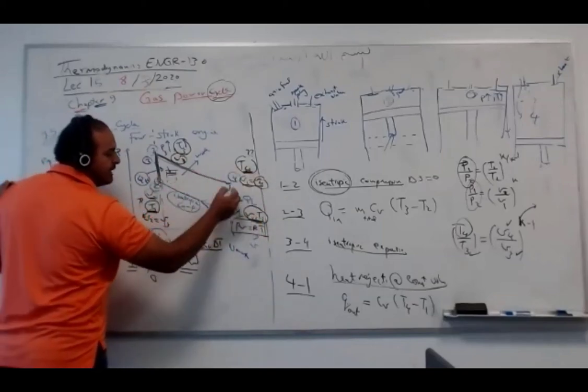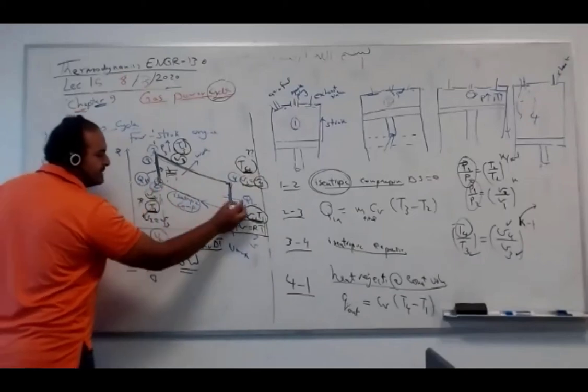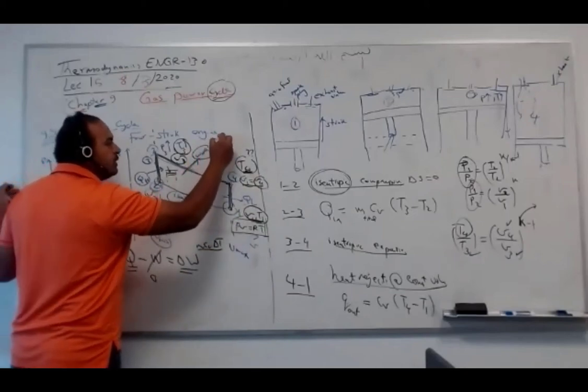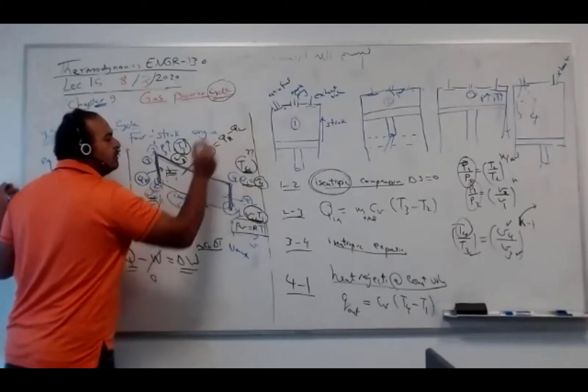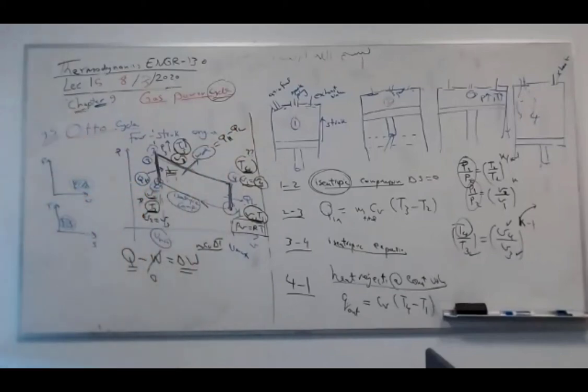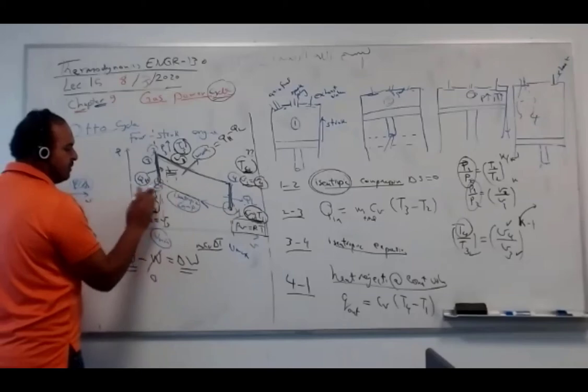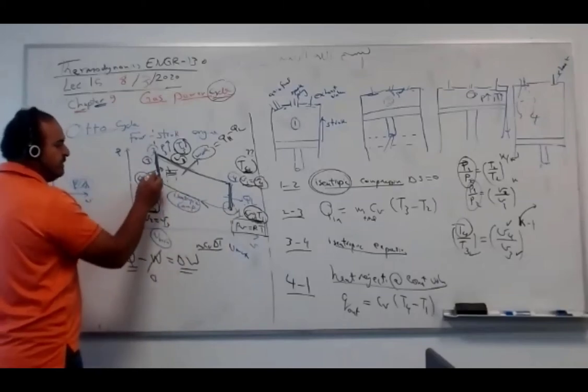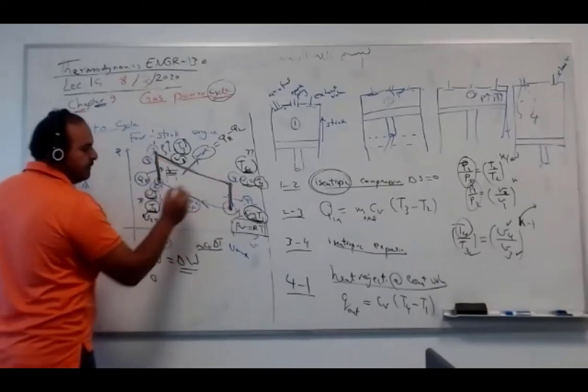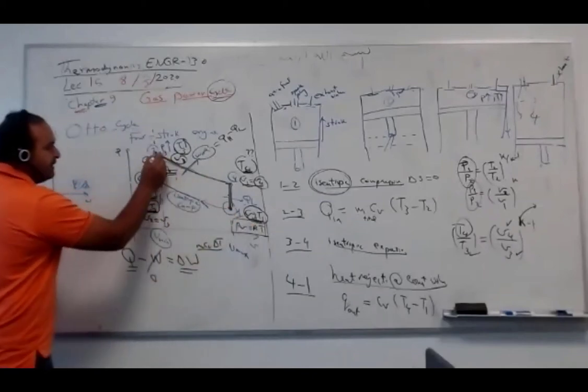With T4 and T1, you can get the heat. Heat minus heat gives work: Q high minus Q low. Second law, or the first law. That's it. So the whole cycle is solved by V1, V2, which is the compression ratio, V3 and V4, T1 and T3. You have everything.